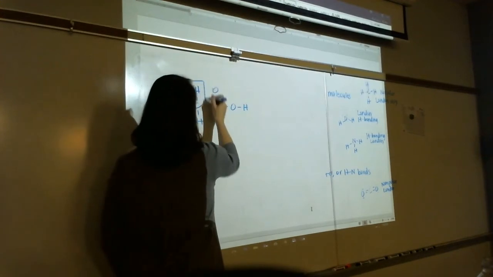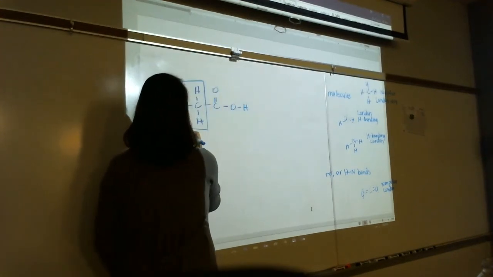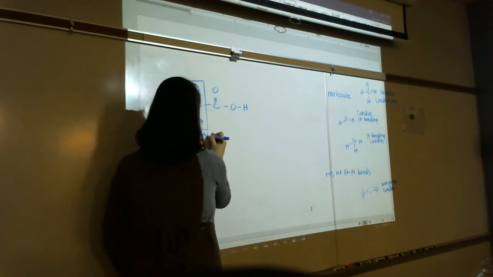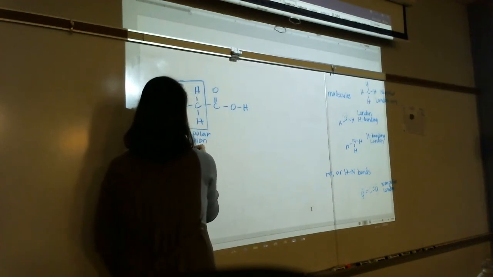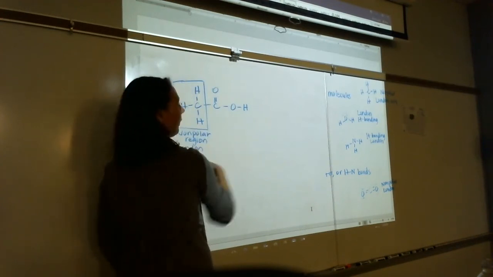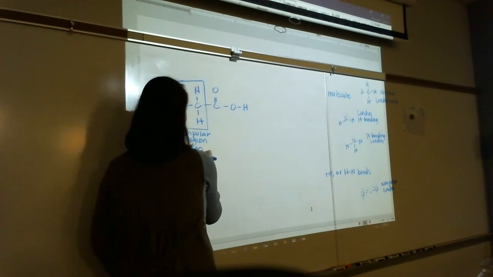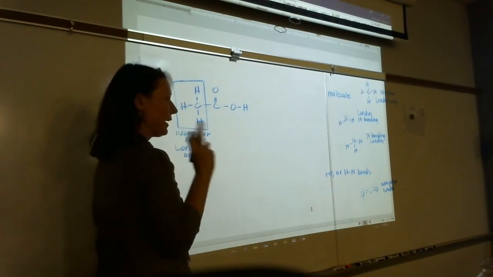So this region right here is a nonpolar region. So it would be the London forces. I mean, the whole molecule's got London forces, but this is London only. Make a note to yourself.